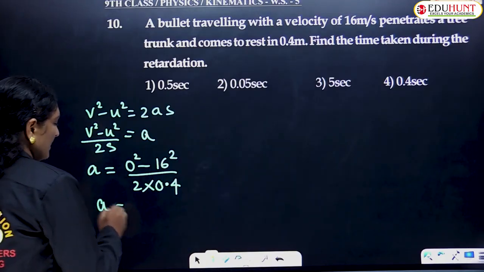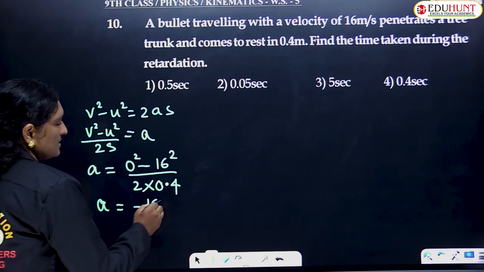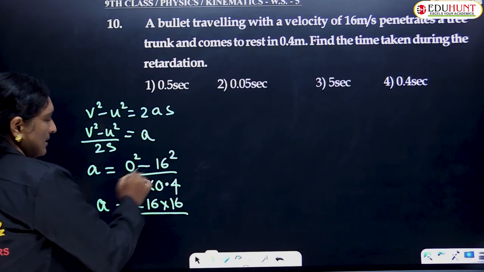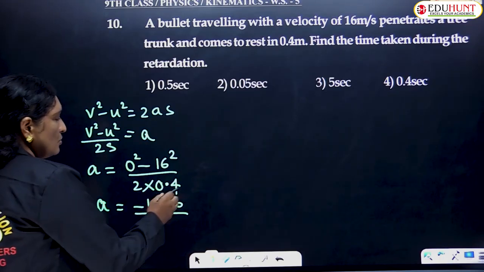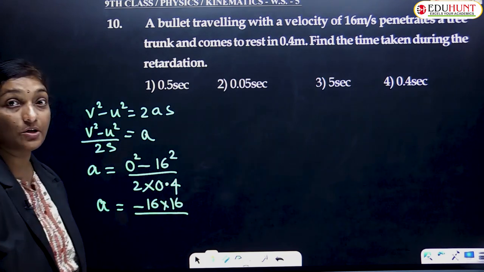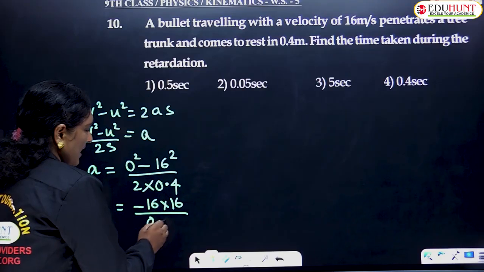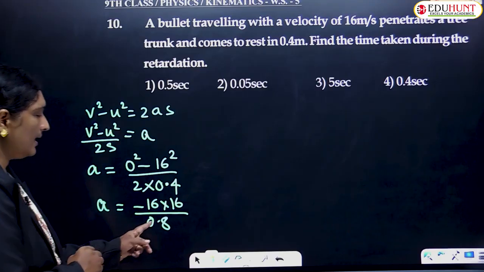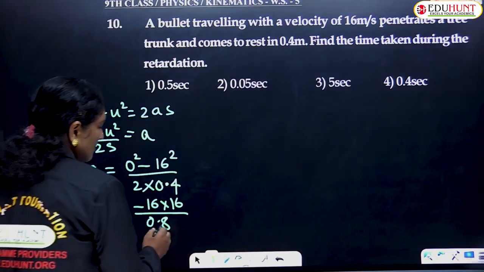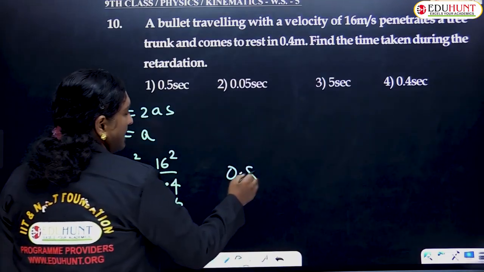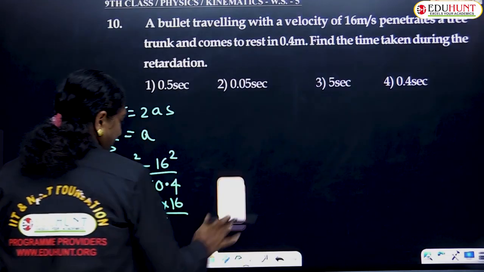Hence the value of A can be written as 0 square is 0, minus 16 square is 16 into 16, by 2 into 0.4, which is written as 0.8. 0.8 can also be written as 8 by 10.